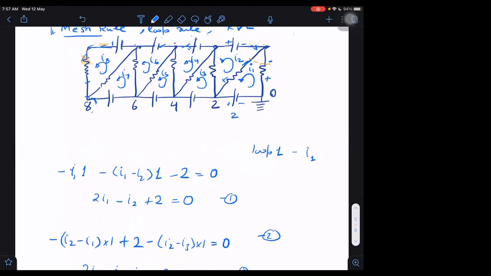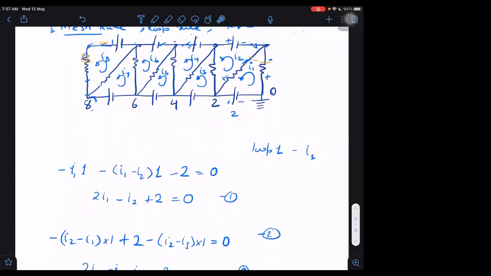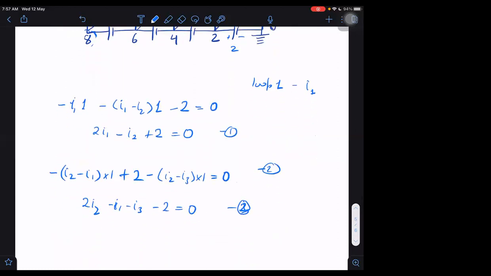What is our third equation now? Third equation will be starting from which place? Let us start from node 3 and go this side. When we are going in the direction of I3, it will decrease, so I will take minus of I3 minus I2, into 1.